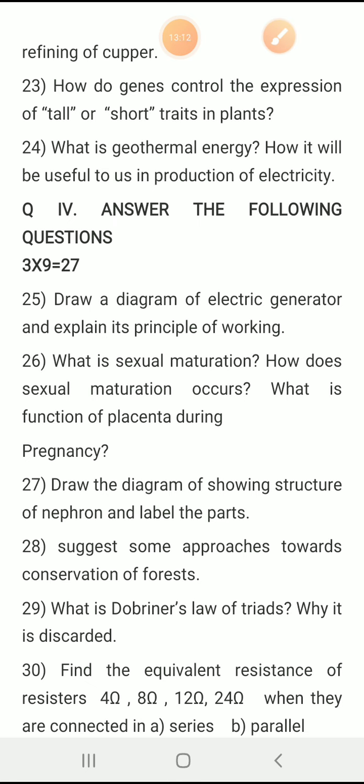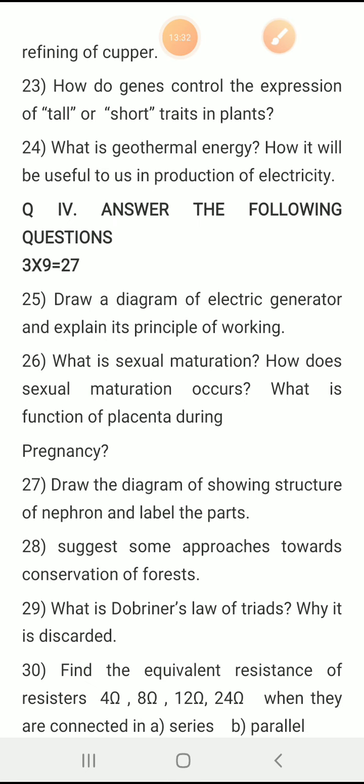Fifth point, all kinds of encroaching into forest land should be prevented. Sixth point, all countries should preserve the required area of land as forests.